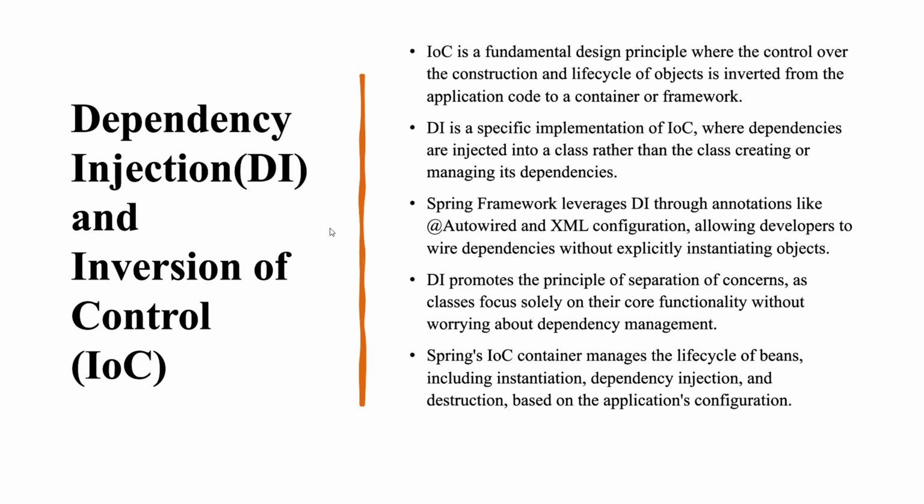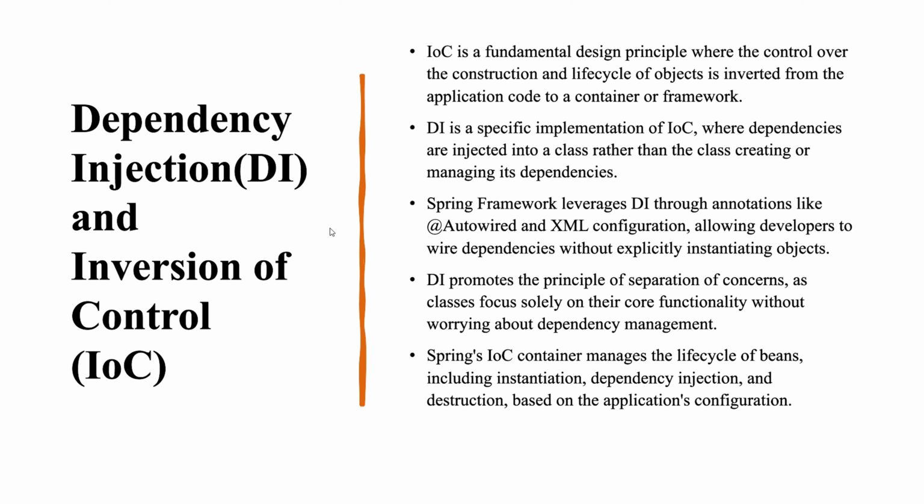It is a fundamental design principle where control over the construction and the life cycle of objects is inverted from the application code to a container or framework. It allows decoupling of components, promoting modular and reusable code by delegating the responsibility of managing dependencies to an external entity, that is IOC.